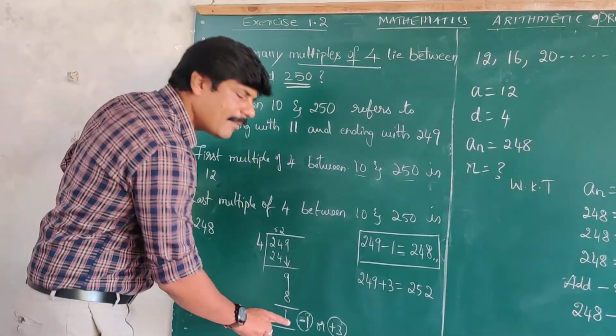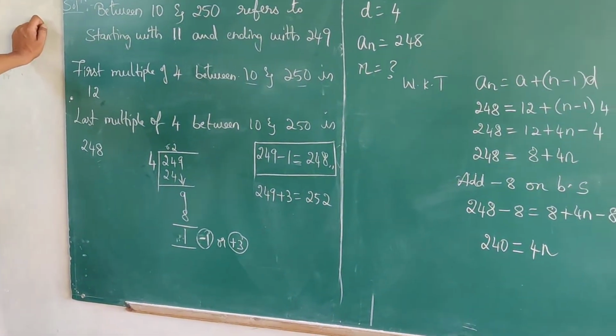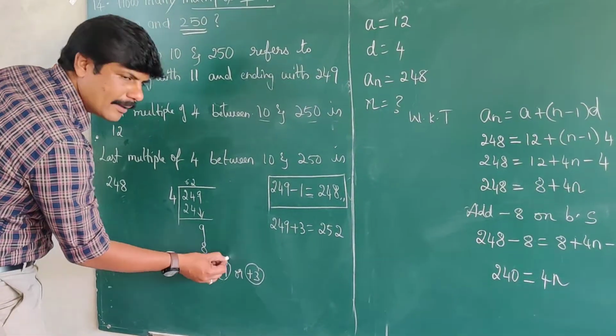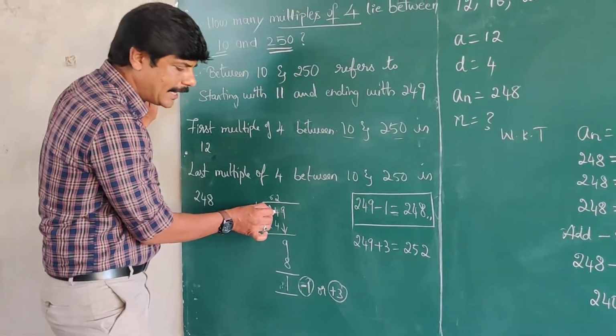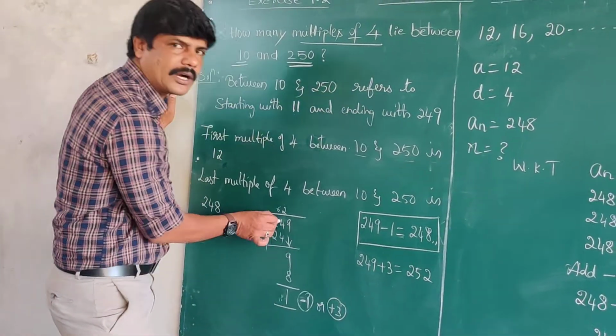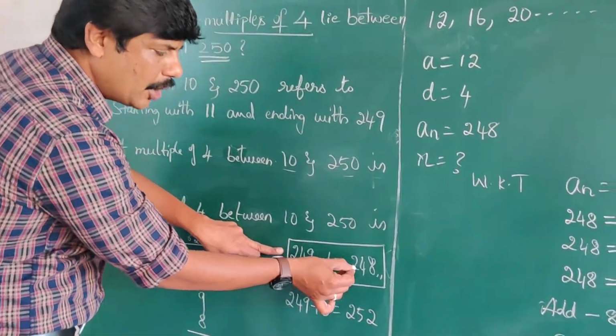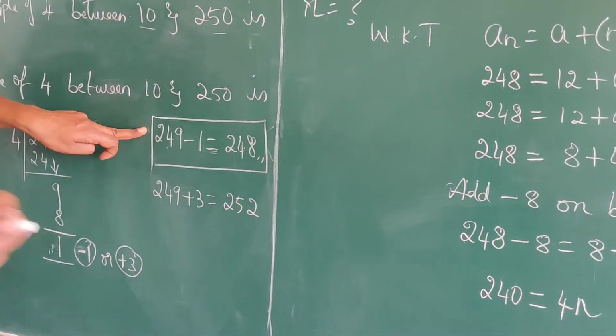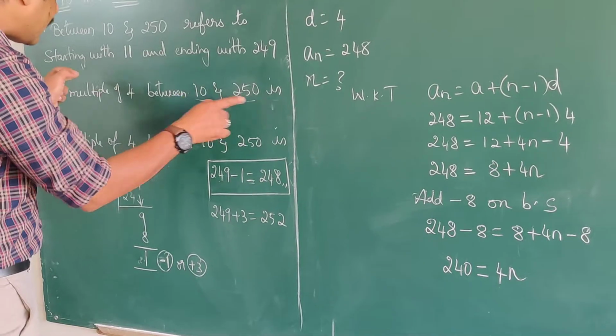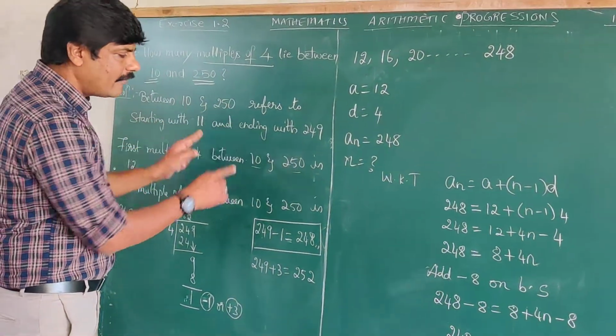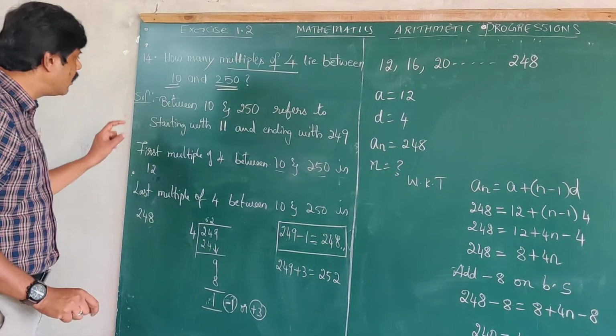After dividing 249 by 4, we got remainder 1. So this remainder becomes 0 only if we add minus 1 to 249 or plus 3 to 249. If we add minus 1 to 249, we get 248, and 248 is the last number between 10 and 250 which is divisible by or a multiple of 4.